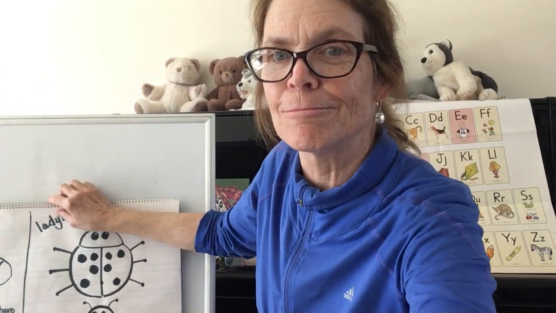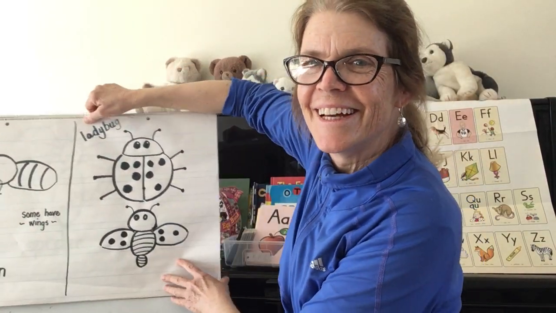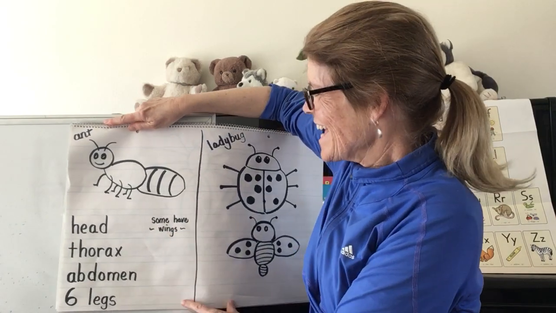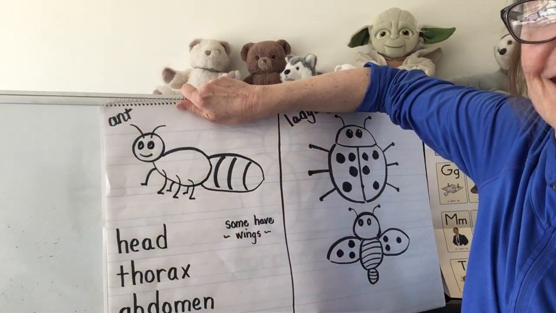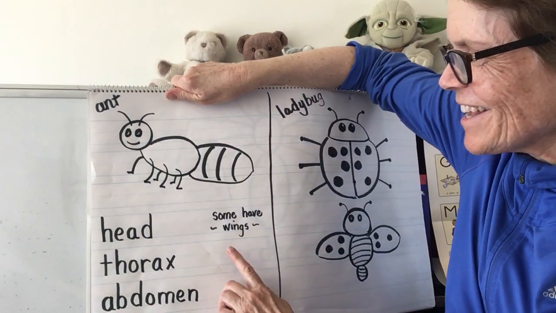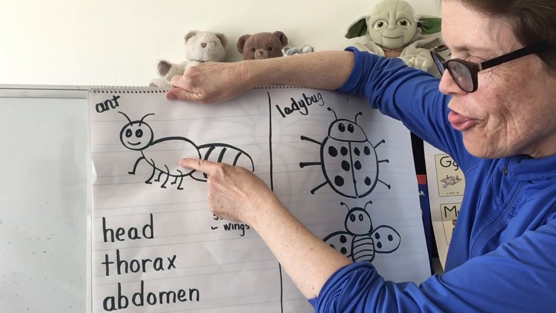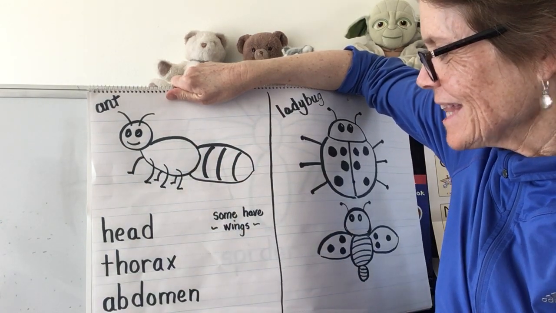Okay, so first of all, right up here, I drew an ant. He looks a little bit like an ant. So, an ant has a head, a thorax, an abdomen, and 6 legs.